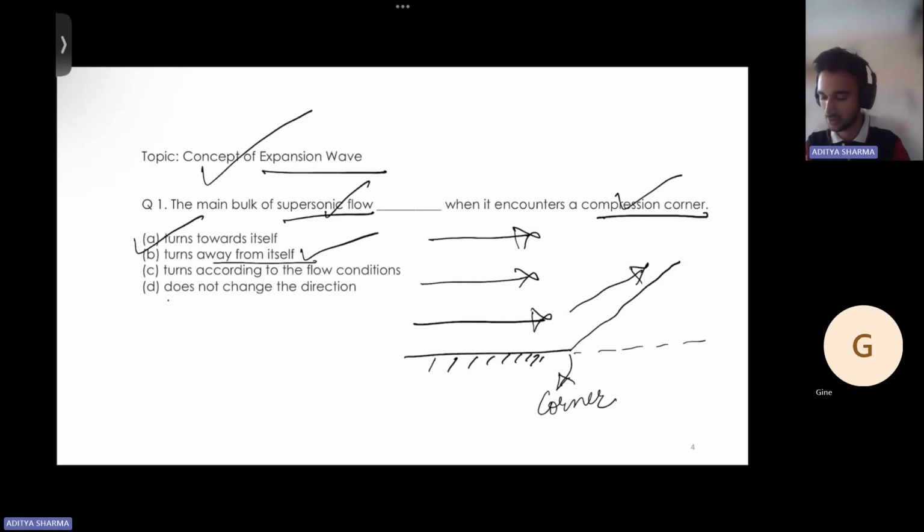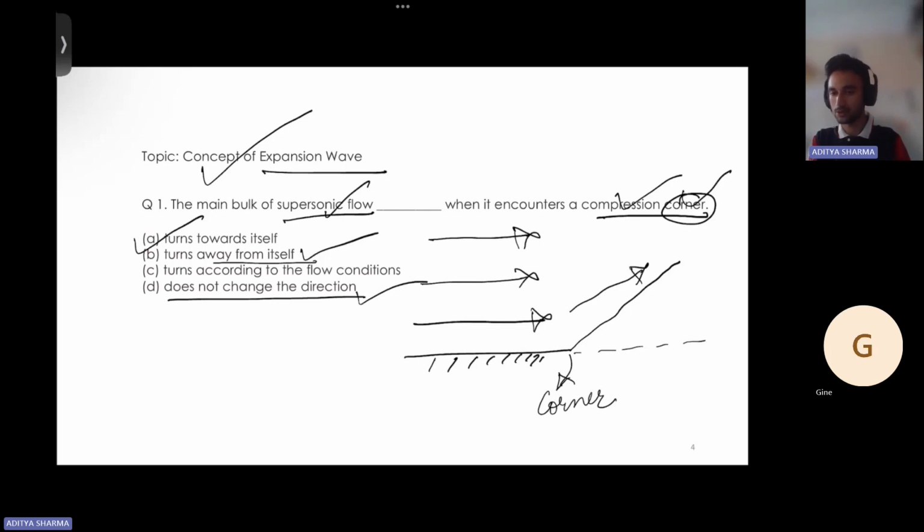It is also saying that it doesn't change the direction, but that is for the normal shock. Because the question already mentions it's a corner, in any way the flow is going to move in some direction.